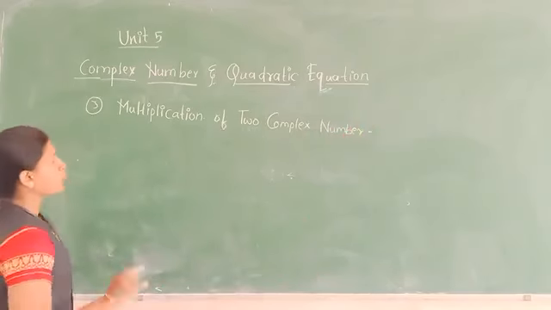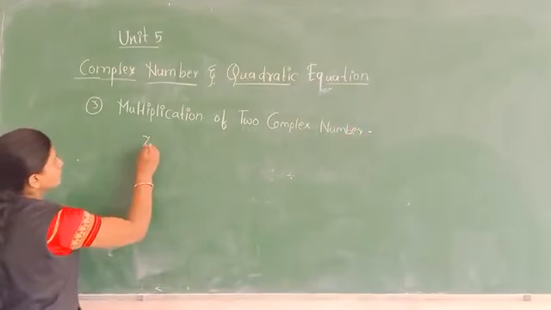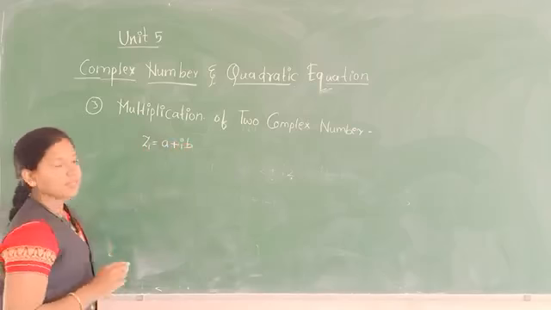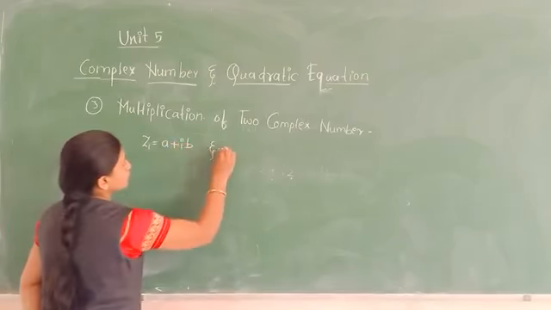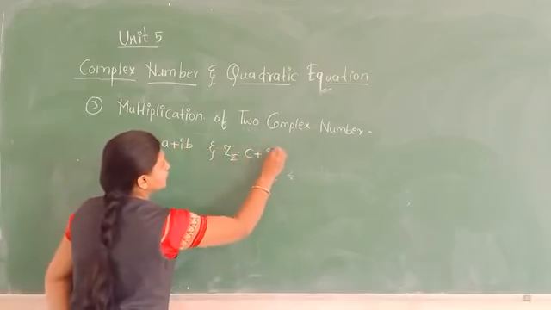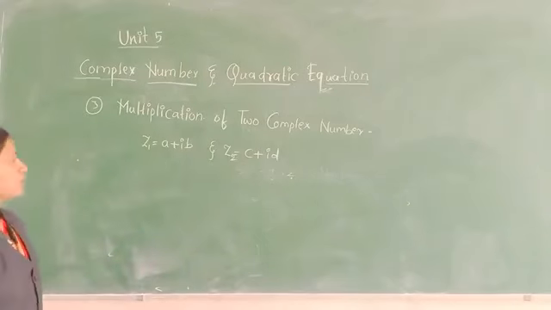Here we have to consider the two complex numbers. That is Z1 is equal to a plus ib and Z2 is equal to c plus id. We have to consider the two complex numbers.